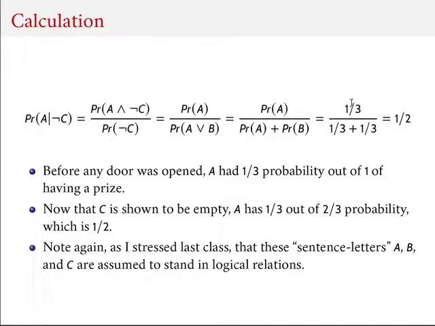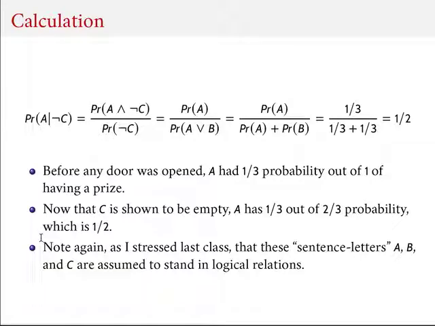So here we see in the penultimate step of the calculation that the probability of A given not C is 1/3 over 2/3. So after door C is open and we know that it's empty, A has 1/3 out of 2/3 probability of having the prize behind it, and that is just 1/2.